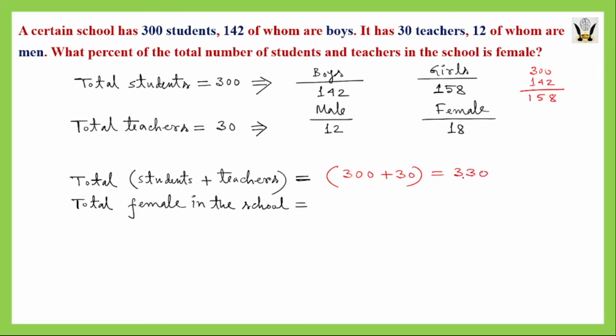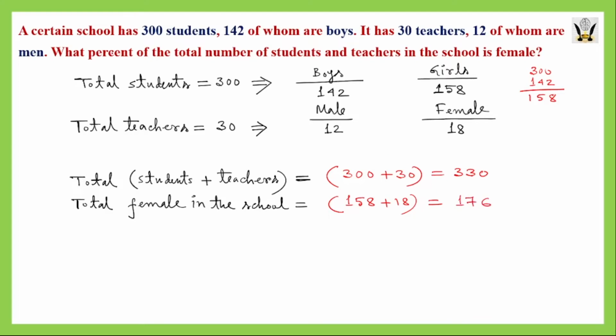And the total number of females in that school, including students as well as teachers, will be 158 girl students plus 18 female teachers. If we add these two values, that will be the total female head count in that school, and that value is 176.